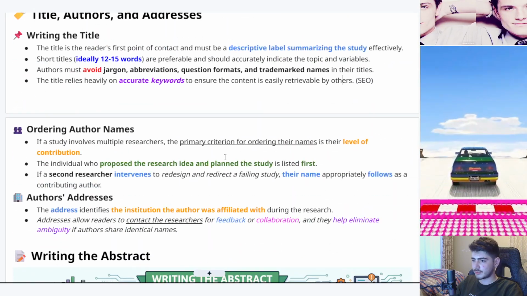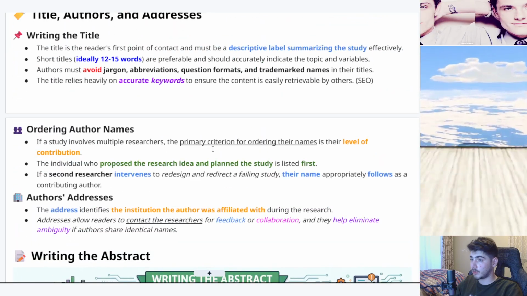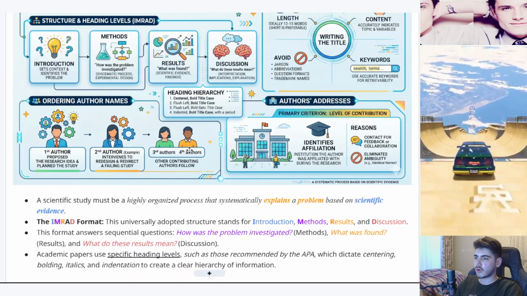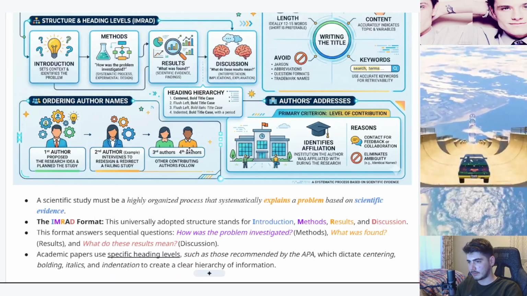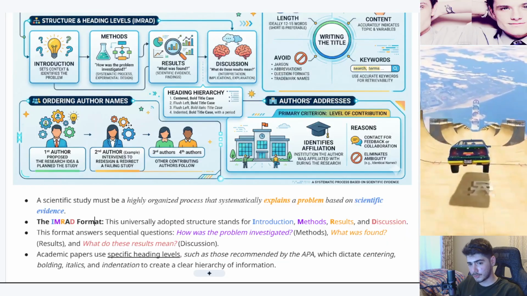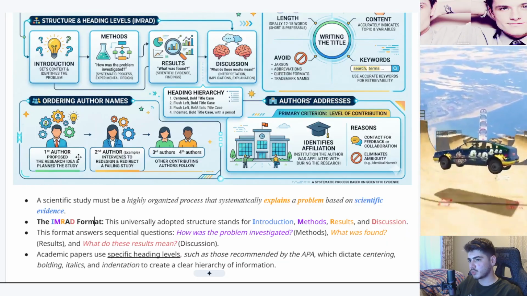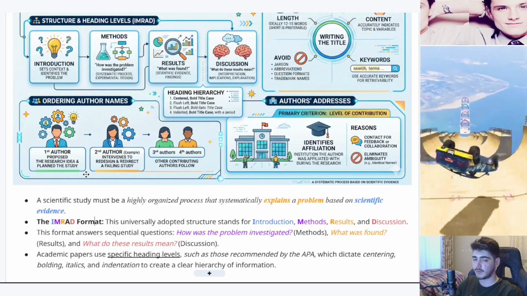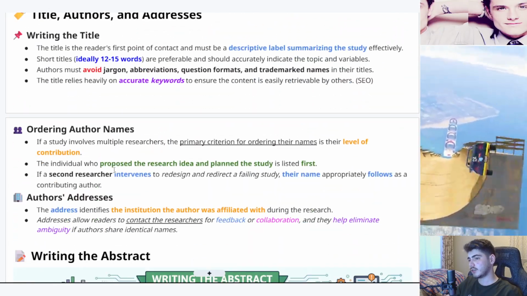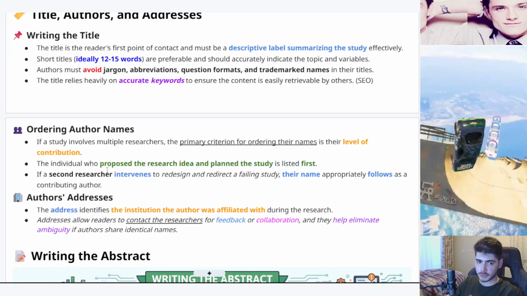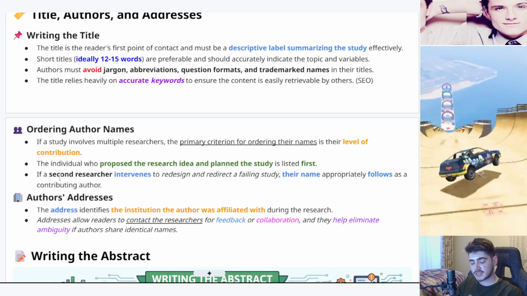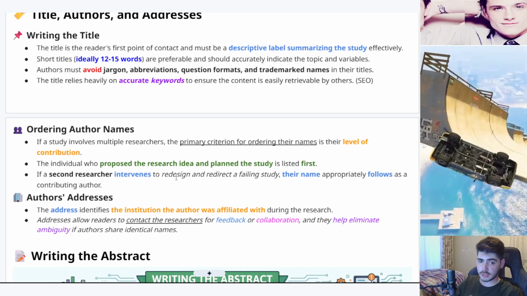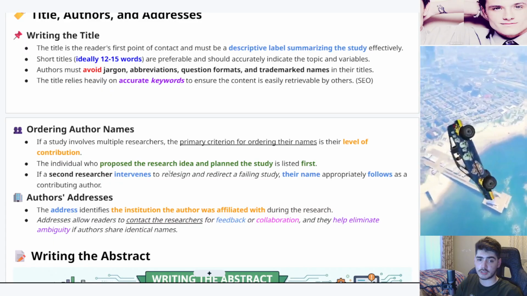Also, there is the quite important topic of ordering author names. For example, we have 4 authors in a study. The first author is always the one who proposed the research idea and actually planned the study. Let's say we abandoned our study, so a second researcher intervened and redesigned the study that we first initially started.